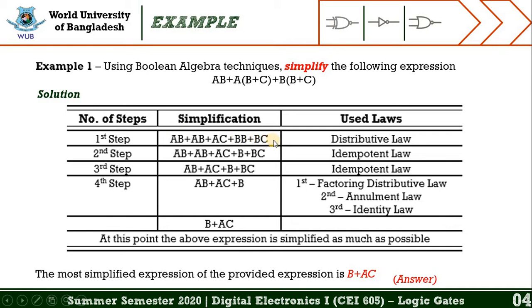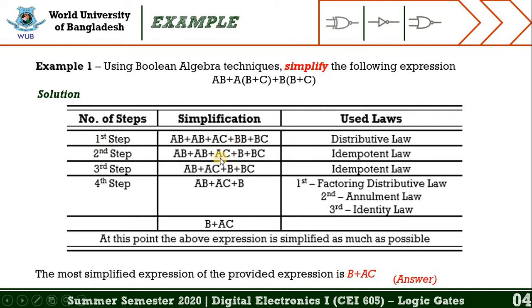The right column says which law is used to solve this line. It is the distributive law, and what we get is A and B, or A and C, or B and B, or B and C.